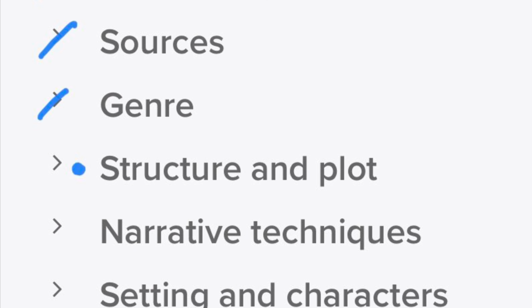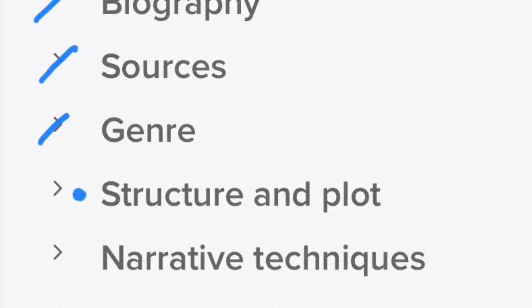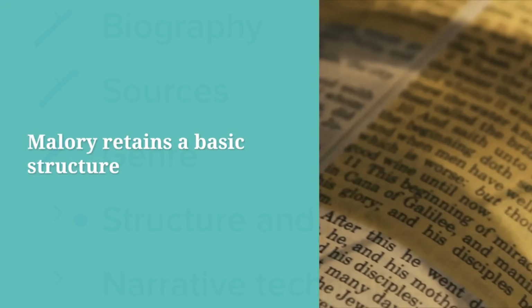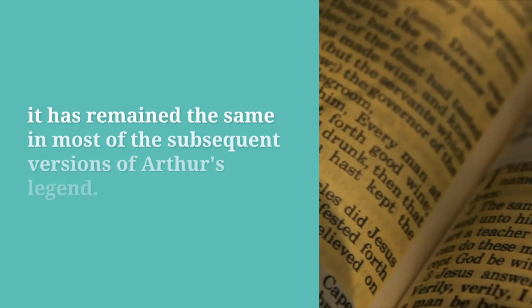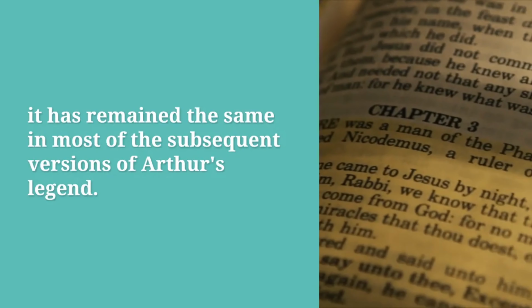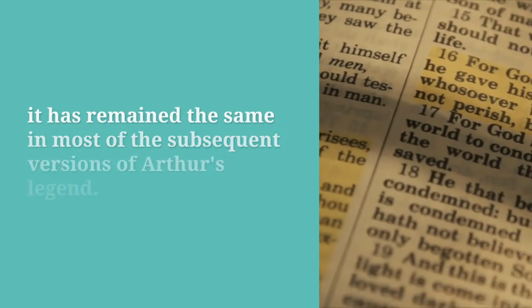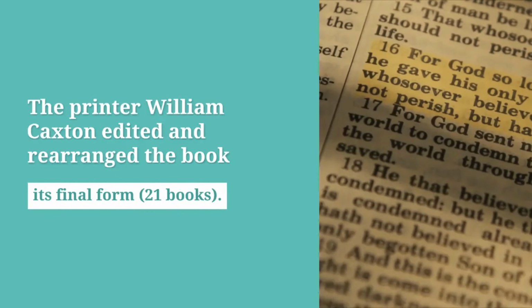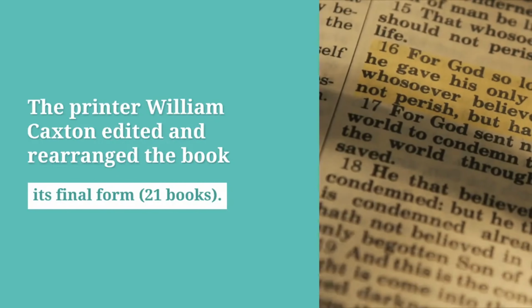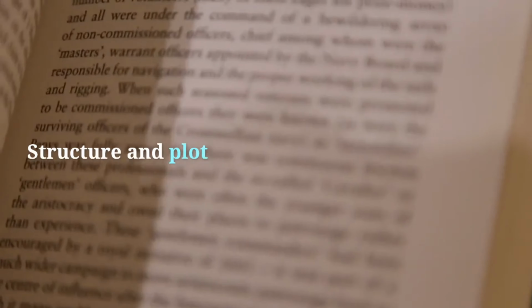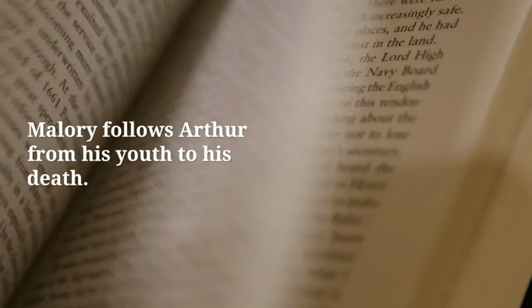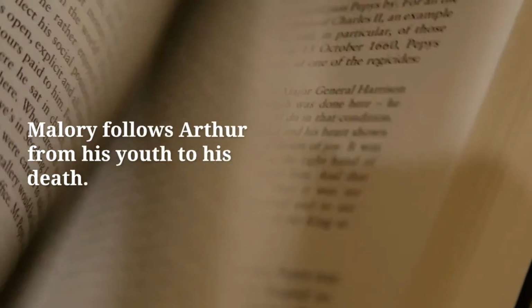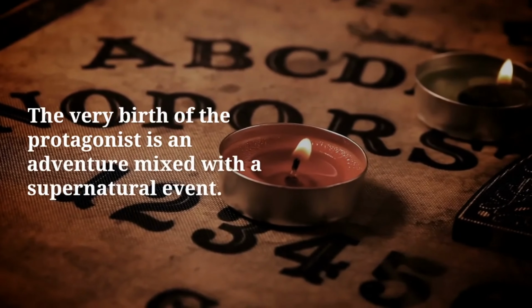We've made it halfway through the presentation. Let's consider now the structure and the plot. The structure has remained quite unchanged in most later versions of Arthur's legend. William Caxton is responsible for this final form in 21 books. Malory follows Arthur from childhood until death.